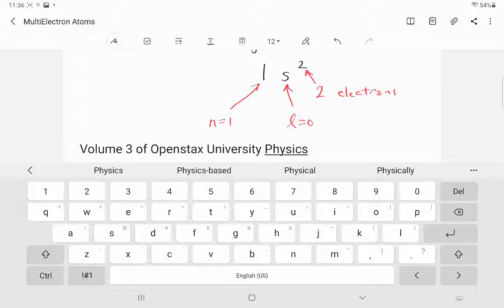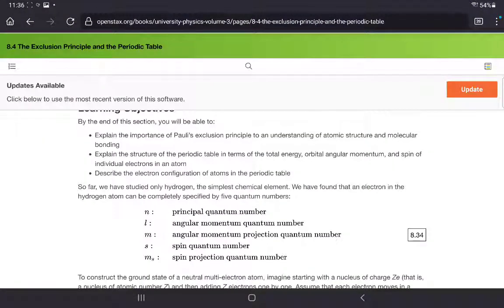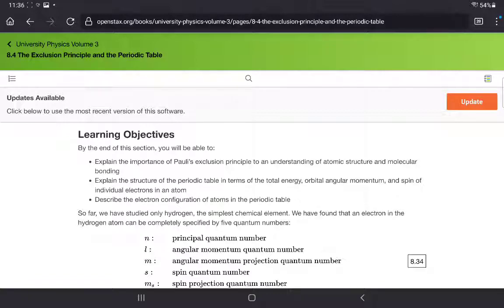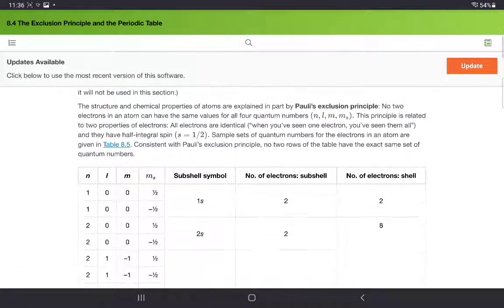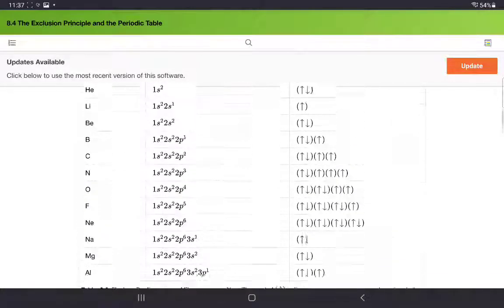Let me show you a page out of that. I've got it on my web browser. You can see up in the upper left-hand corner, University Physics, Volume 3, Exclusion Principle and the Periodic Table. So in particular, what I want to show you is this. Or actually not that, this.